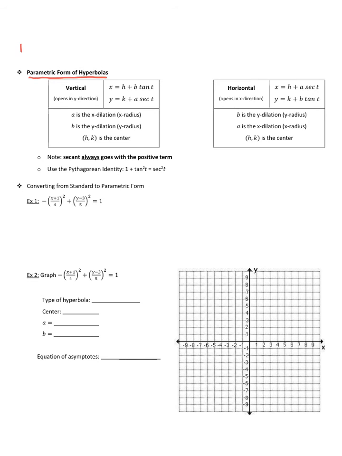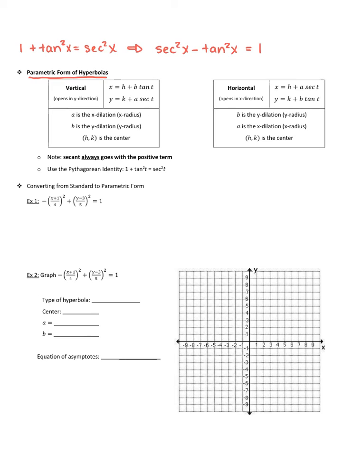So the relationship we're going to use is the fact that 1 plus tangent squared equals secant squared. And since I want to isolate the 1, what we really have here is secant squared x minus tangent squared x equals 1.